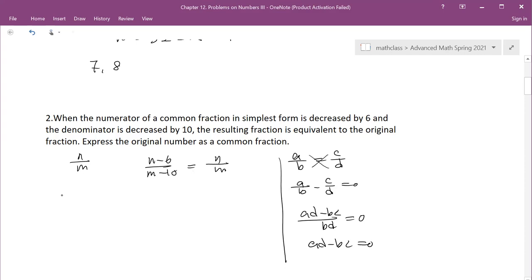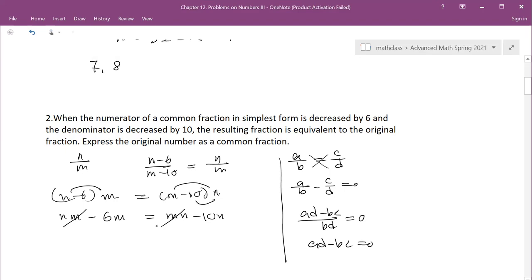equation, we get (n minus 6) times m equals (10 minus m) minus 10 times n. Okay, let's multiply this out. n times m minus 6 times m equals m times n minus 10 times n.